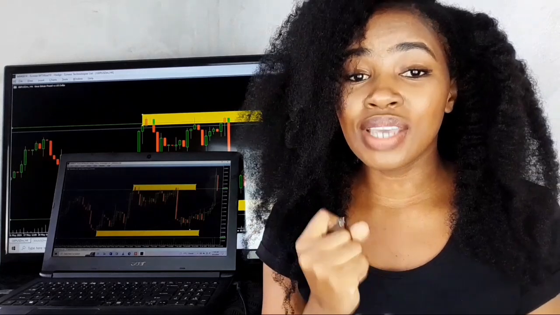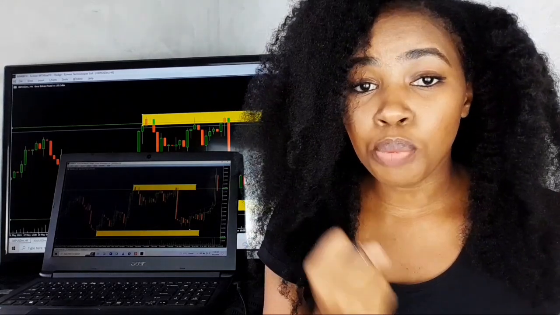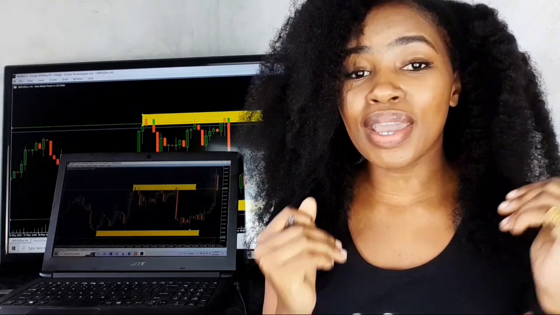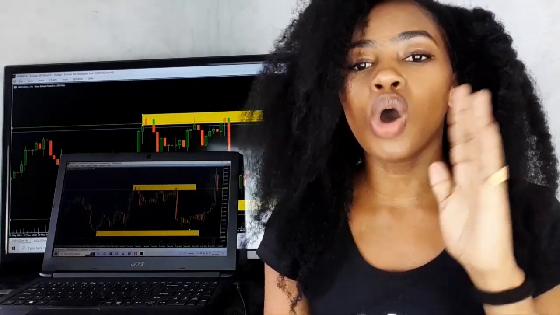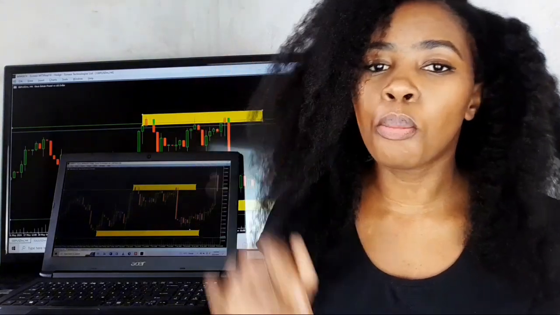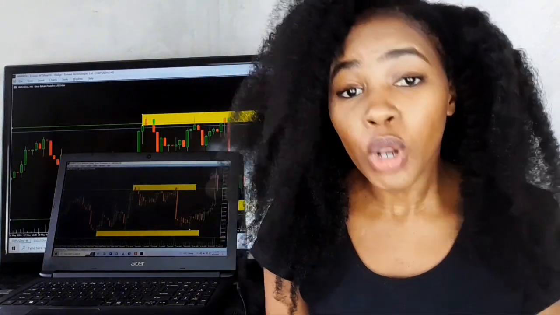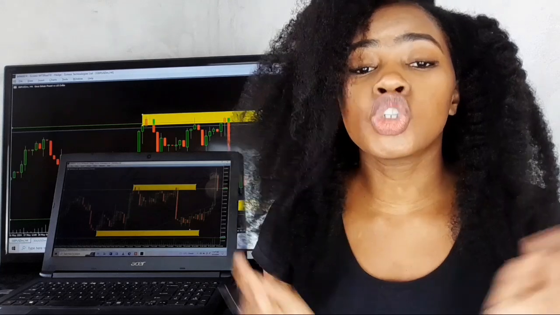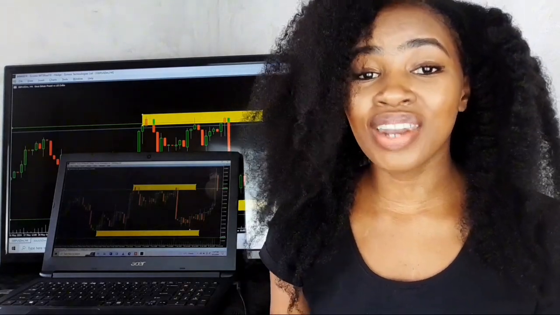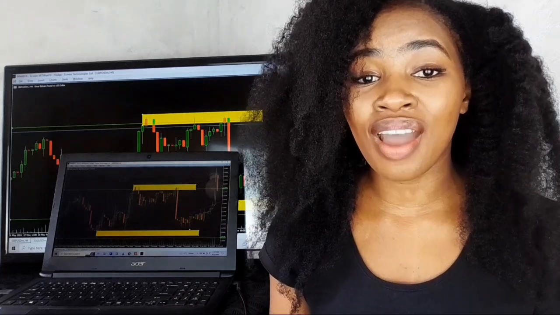So you must have the exit point and stick to it. If the market went against you, don't modify your order and pull down or pull up your stop loss, because you'll end up losing even more money, and that is not good for your account.